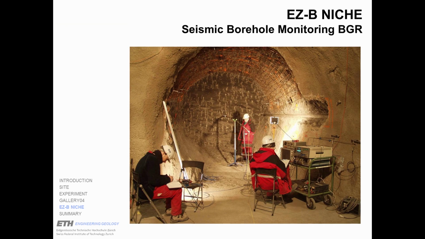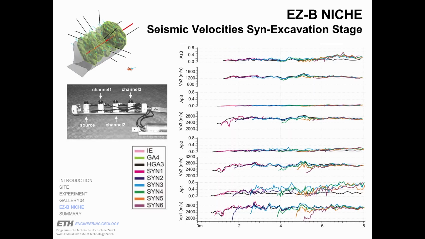What is also very valuable is what we have gained from seismic borehole measurements. The seismic borehole measurements have been carried out with a probe that has a source and receivers at different distances from the source.